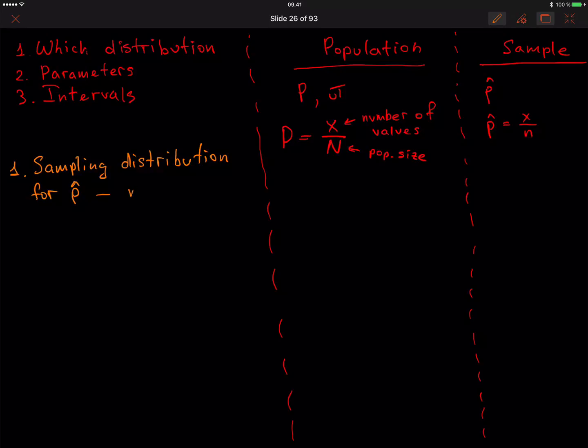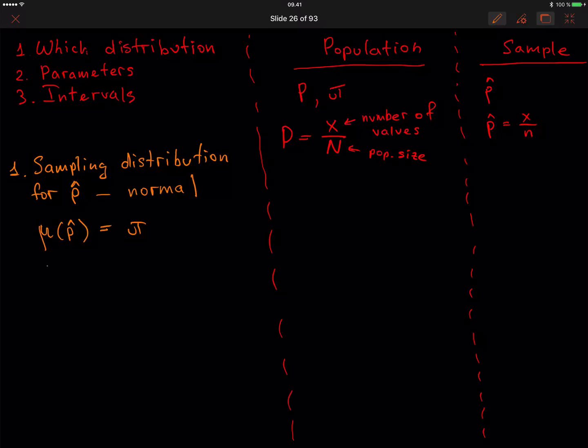So that's a good thing because we know almost everything about the normal distribution, right? We know that normal means we should have two parameters, the average and the standard deviation. So the average for these proportions is actually the proportion for the population. So if we take many samples and calculate the proportion for these samples, the average will be the proportion for the population, what we are looking for, right?